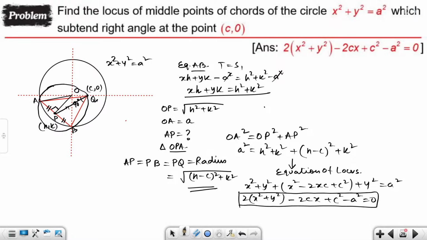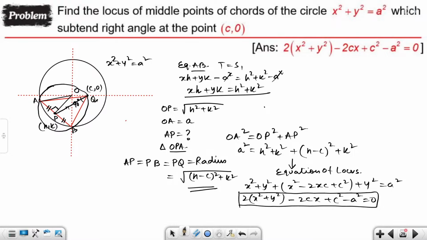I have simply drawn a circle by taking AB as the diameter. If AB is the diameter, it is definitely going to pass through the point Q, since the angle between AQ and BQ is 90 degrees. That is why the circle passes through this point when we take AB as the diameter.